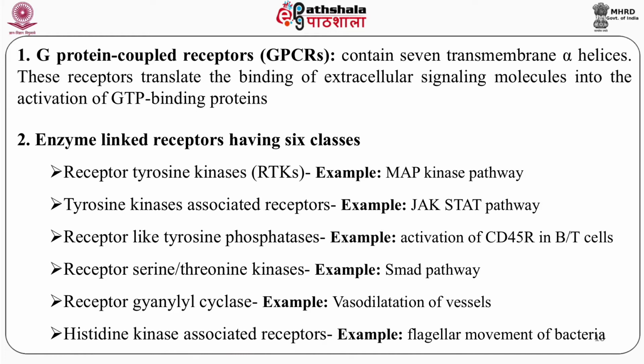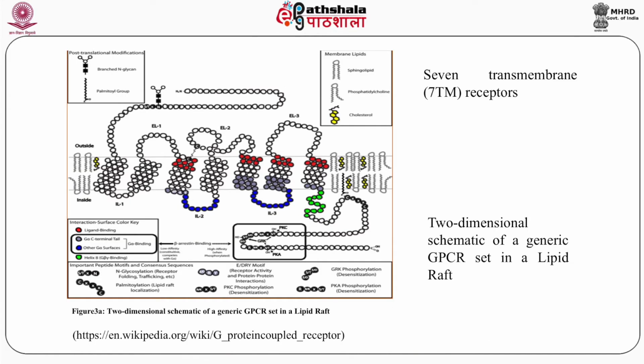They are also sometimes referred to as 7 transmembrane receptors, as they contain 7 transmembrane helices. You can see this in the figure. Their amino terminus is present on the outside of the cell, and the 7 alpha helices that traverse the plasma membrane are connected by loops of varying length, and the carboxy terminus is present inside the cell.